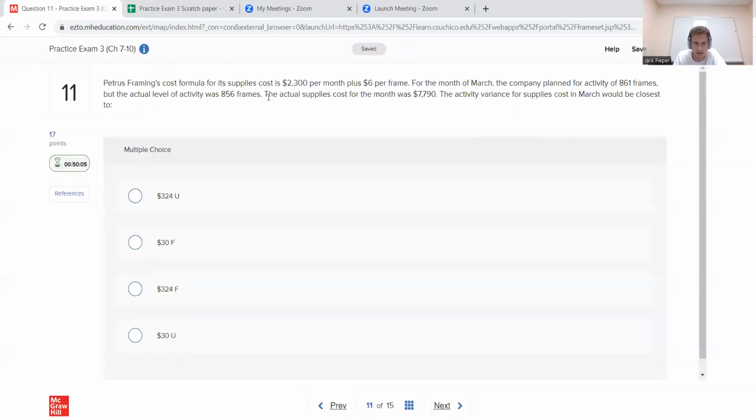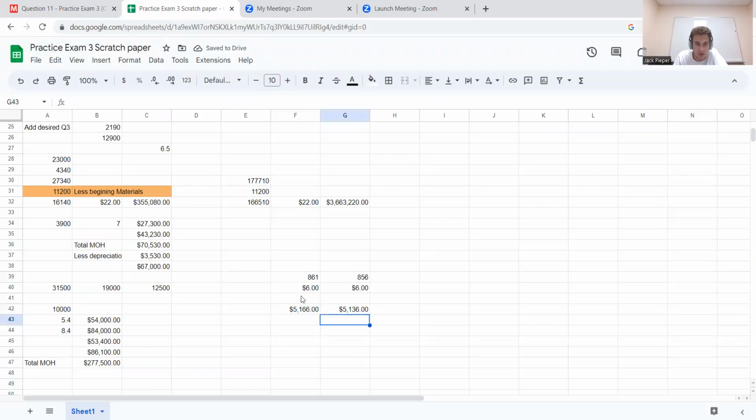Then we need to add the fixed. So it's 2,300 a month for both. We'll make this in dollars.